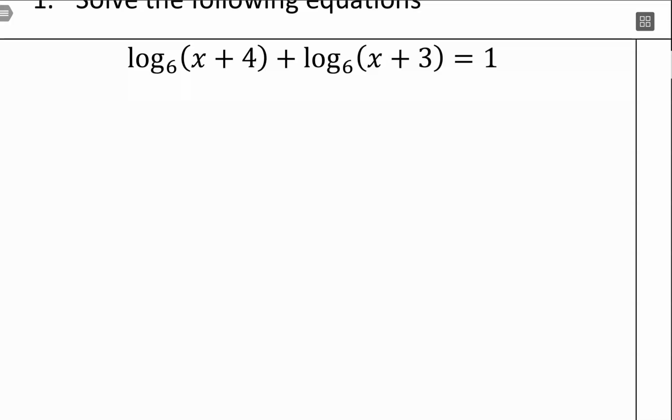Instead, what we can do is use the fact that we have a logarithm of the same base adding on to itself. So we have addition outside of the logarithm. So what we can do is condense this into a single logarithm. So a logarithm base 6, and inside the logarithm is going to be the multiplication of the two pieces.